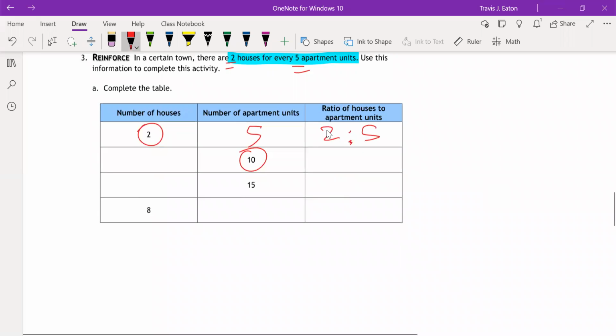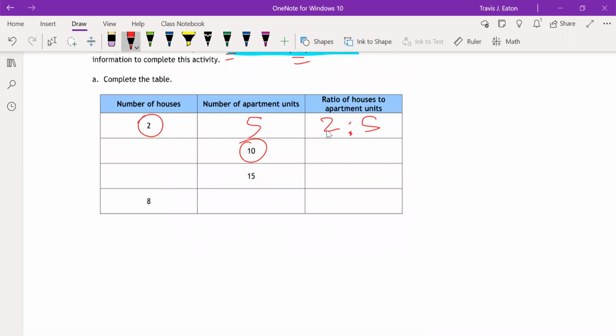Now, in this case, the number of houses, we will use that as our input, and the number of apartment units we'll use as our output. Okay, no worries there. And so if we were going to divide the y by the x, in this case, that would be 5 divided by 2.